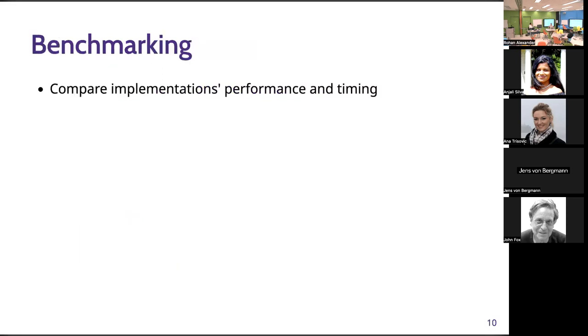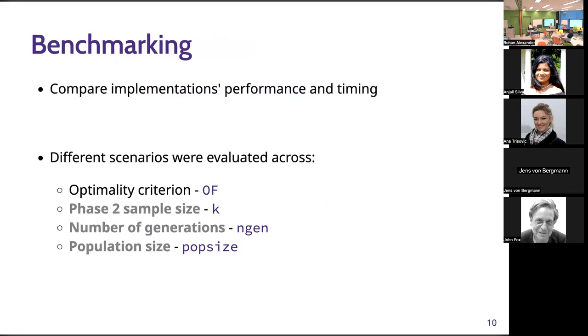Lastly, I really wanted to benchmark and see, is there any gain here? Is it really worth all this effort? Basically the performance, making sure that they are providing the same or at least a similar thing, and the timing, which is the most important part.